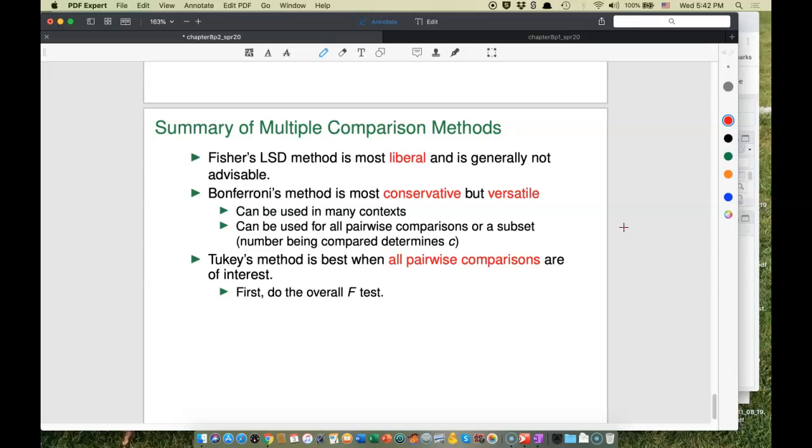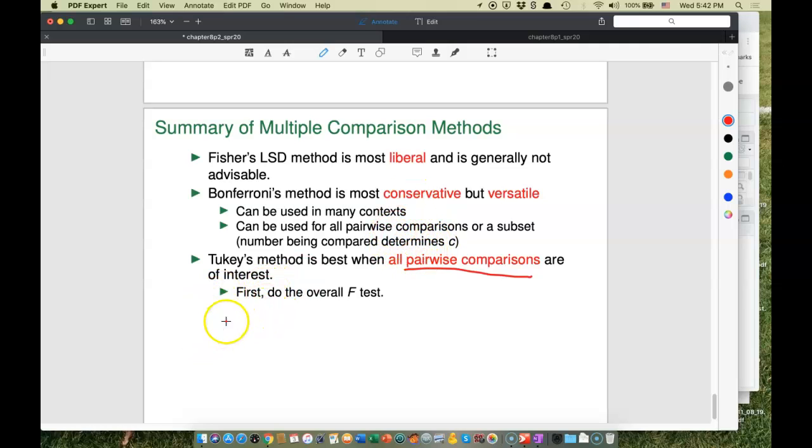You want to be conservative. You may be doing lots of comparisons, a little bit of fishing for significance. A middle ground that's good is Tukey's method because it's tailored to the situation, and it's best when you're doing all possible comparisons. Now, if we were just doing 5, let's say, as in the mice, maybe Bonferroni's method that makes that adjustment is going to be fine.